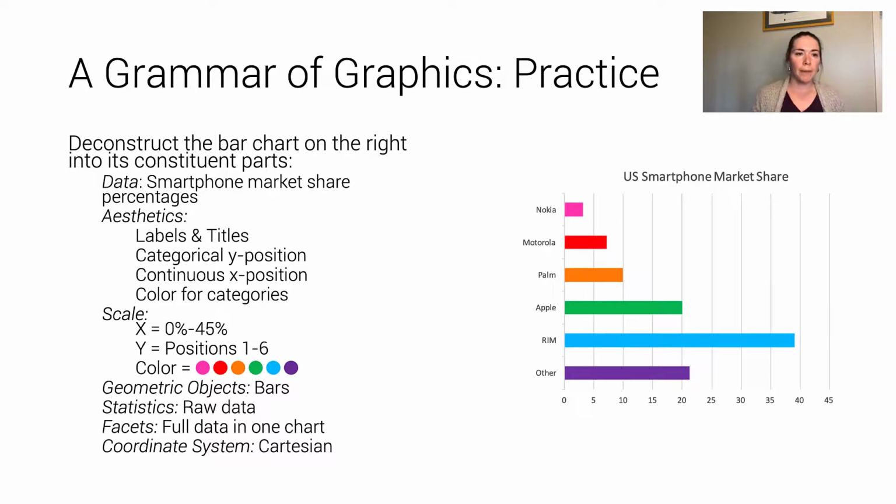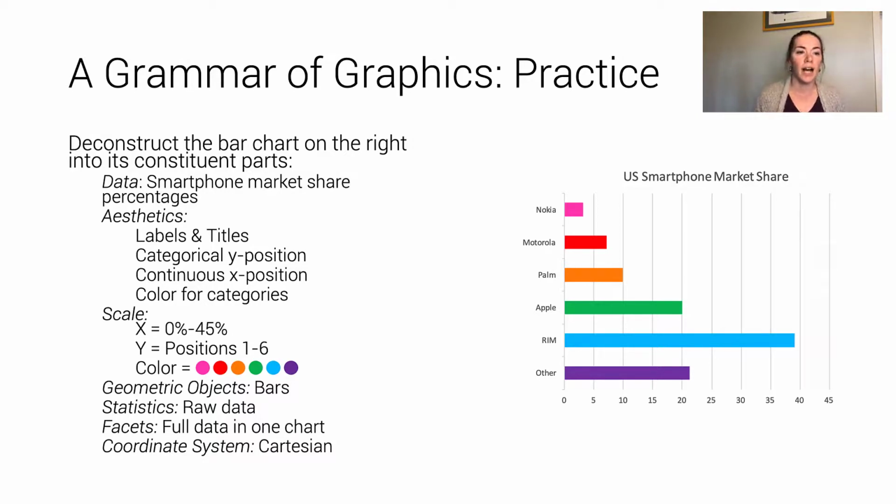In terms of our mapping scale, our X value, our market share, is mapped to a scale between 0 and 45%. Our Y scale is mapped to discrete positions along the axis, so positions 1 through 6, with each company occupying a unique position. And our companies are also mapped to one of 6 colors, with each company mapped uniquely to one color.